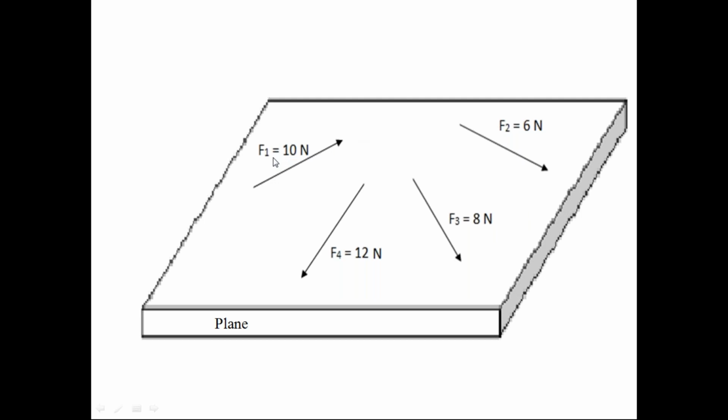The force F1 lies on the plane, F2 also lies on the same plane, and F3, F4 also lie on the same plane. If the lines of action of all forces lie on the same plane, we call it a coplanar force system. Even though the forces have different lines of action and different magnitudes, all of them lie on the same plane.